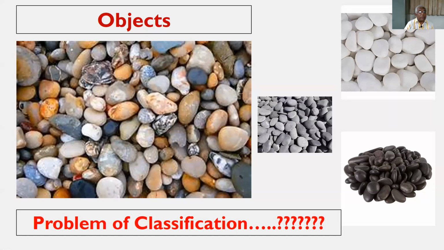And when we have a big volume of objects with varying characteristics, varying properties, varying features, then it is difficult to study them. So the problem is to classify them, to separate them with respect to certain characteristics.